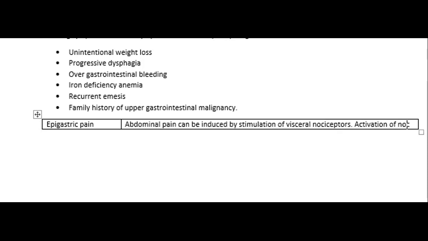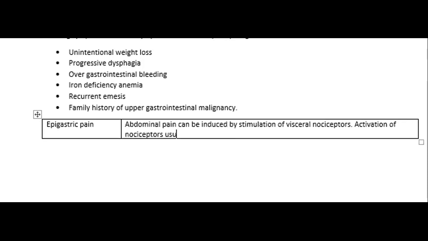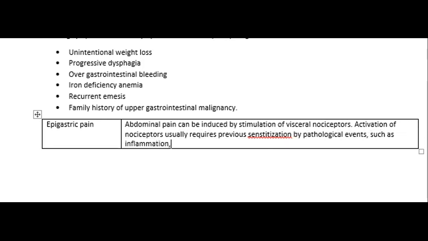Activation of these nociceptors usually requires previous sensitization by pathological events such as inflammation, ischemia, or acidosis.